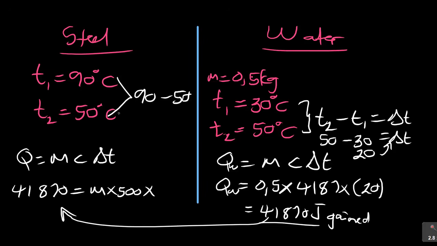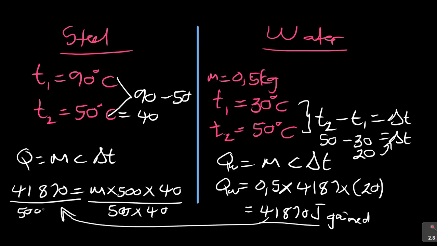As I said, ignore the negative sign, which is 40. So you multiply by 40. So here you'll divide by 500 times 40, and this side as well, 500 times 40. When you do that, it will give you your m of steel. Remember, it is in kilograms.